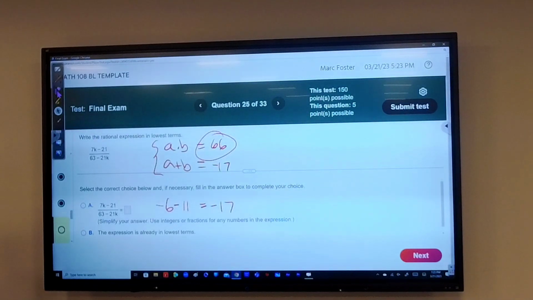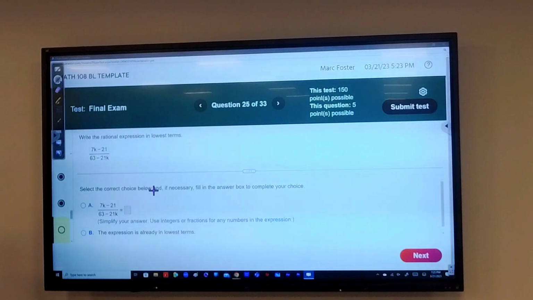Write the rational expression in lowest terms. What the heck does that mean? Doesn't it mean factor out a 7 up here? Can I factor out a 7 down the bottom?